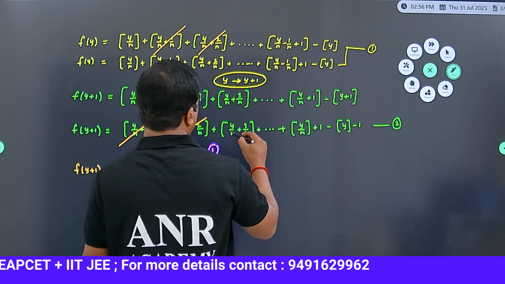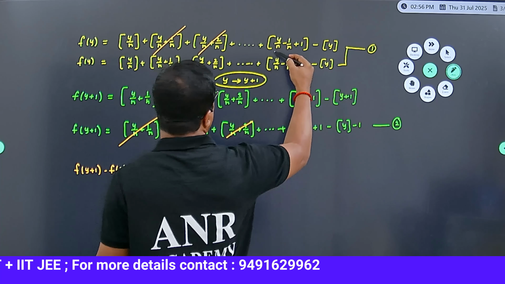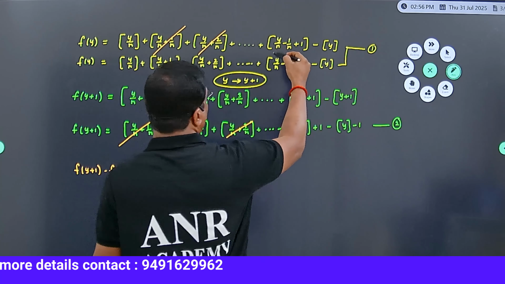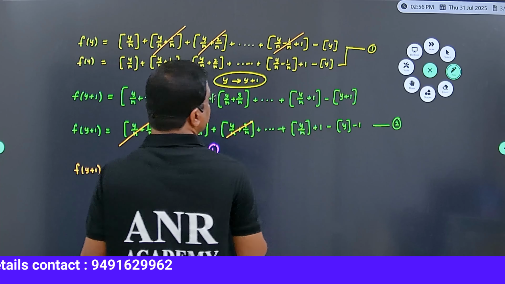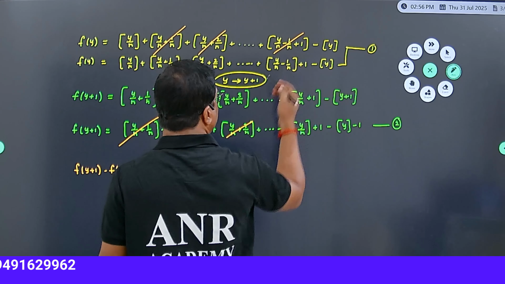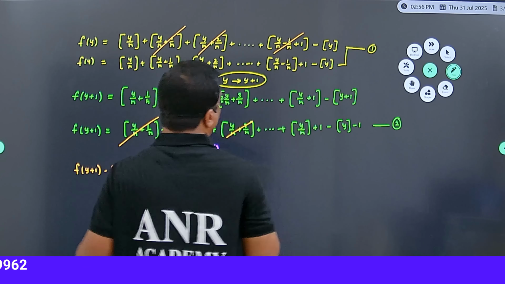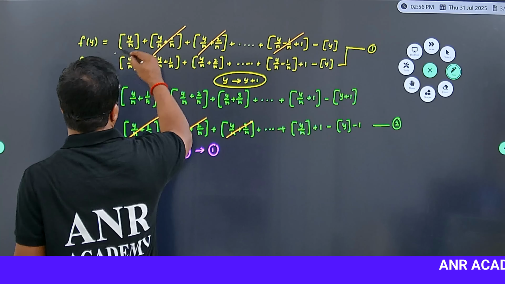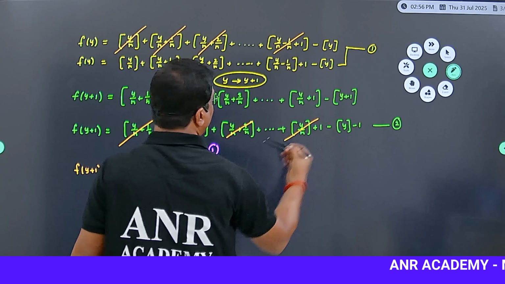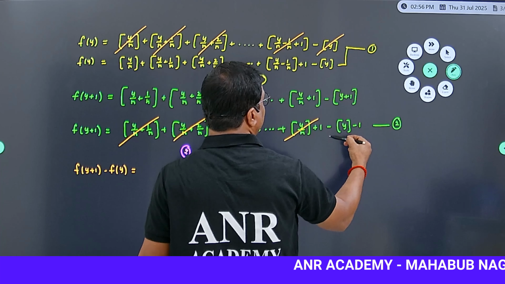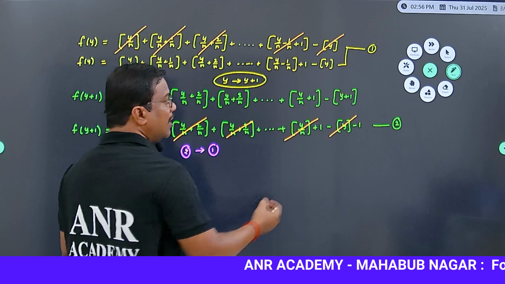Next, here 3 by n, and so on. Here it also gets cancelled, and also you have here y by n. So step of y by n, step of y by n also gets cancelled. Step of y with negative sign, these two get cancelled.